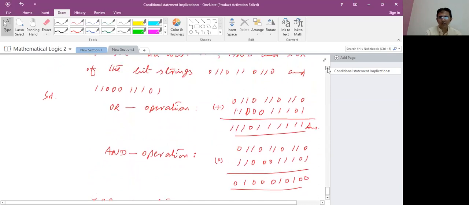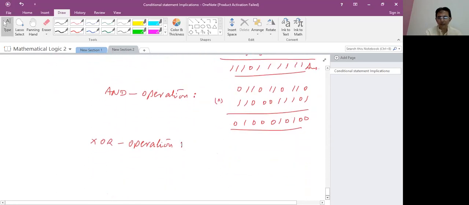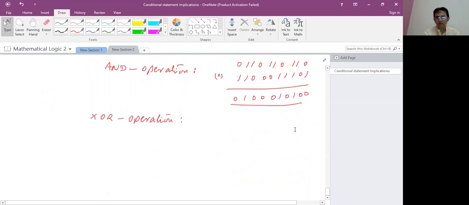This is the OR operation. What is XOR? XOR you know very well, student. If again we define it, what is the XOR operation? It is x or y and x and y.